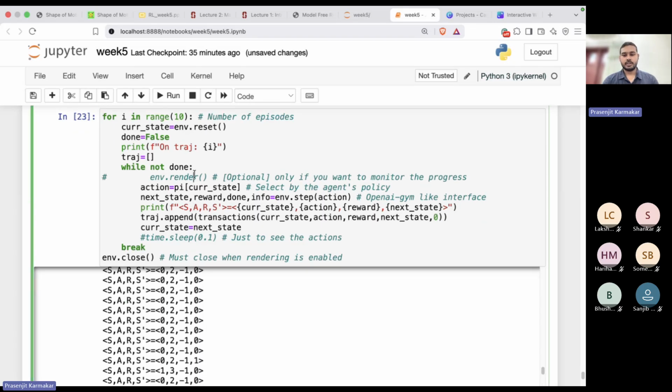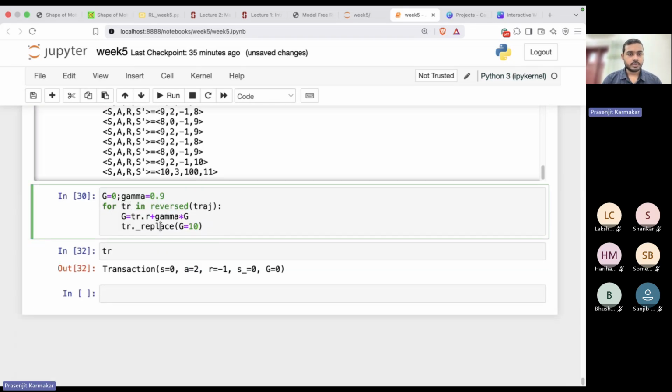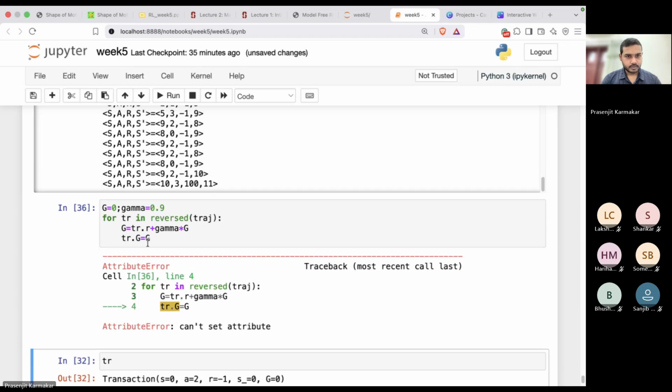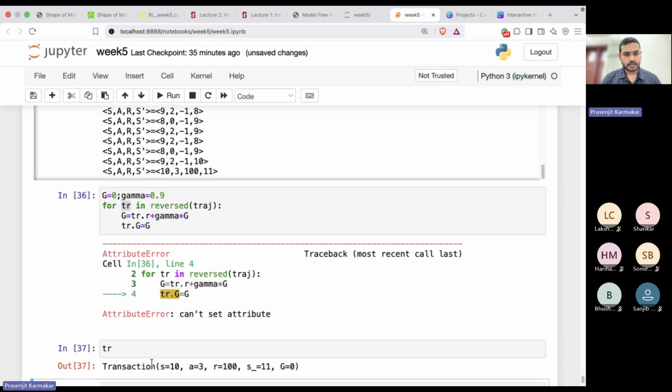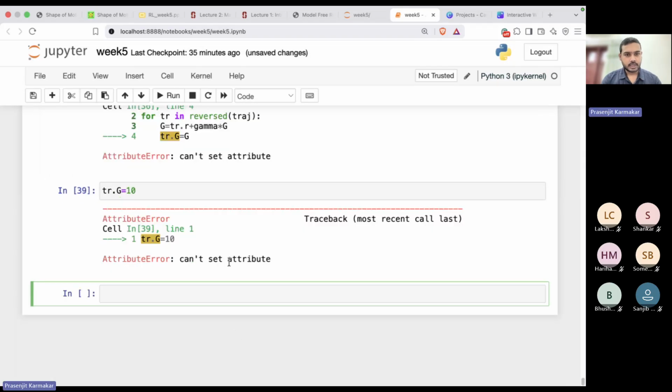Okay, now if I again do transaction.g equal to g, transaction.g equal to 10, it says cannot set attribute.